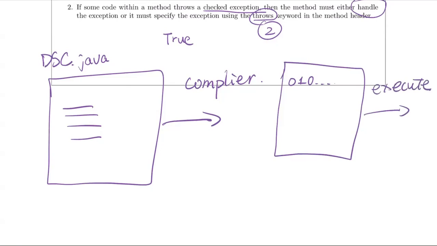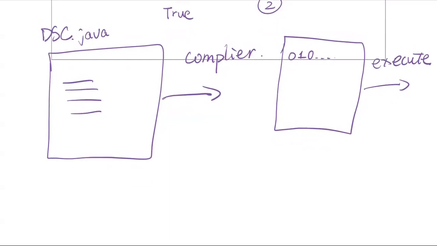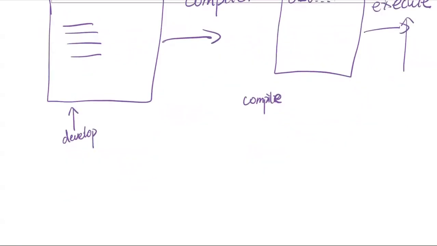So there's 2 steps, right, for Java, this programming language. So you develop it here. You compile here. And you execute here. So compile error is whether you could generate a DSC.class file.